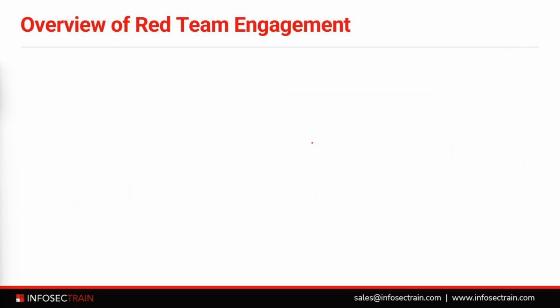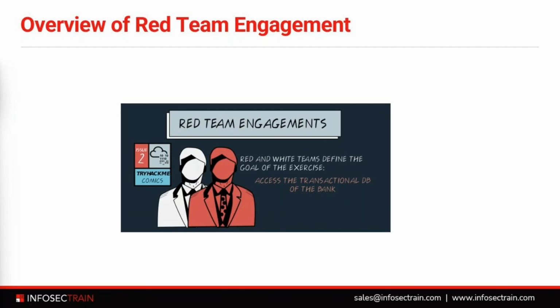Overview of red team engagement. So what is DNSDumpster? It is a website, right? Which basically helps you in finding out the DNS records. Like we have A records, right? MX records, right? We have different types of subdomains, right?